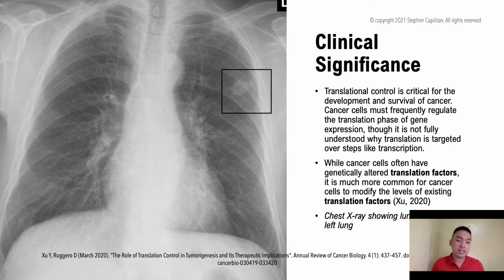In the photo on your left, you will see a chest x-ray showing a lung cancer in the left lung. Cancer cells often have genetically altered translation factors. These translation factors function to coordinate and catalyze the synthesis of polypeptides from mRNA by the ribosomes, or the protein synthesis machines inside your cell.